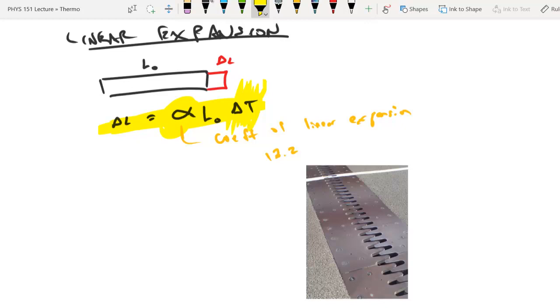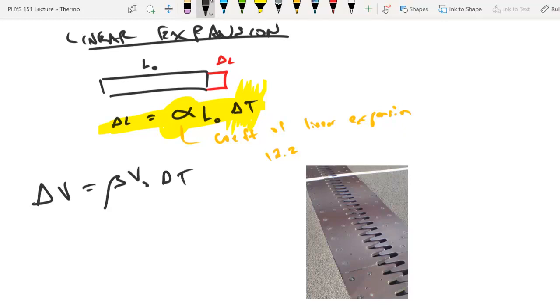We can also look at volumetric expansion. So there's another one. If I look at the change in volume, a volumetric expansion is beta, which is the coefficient of volumetric expansion, times the starting volume, V naught, times the change in temperature here.